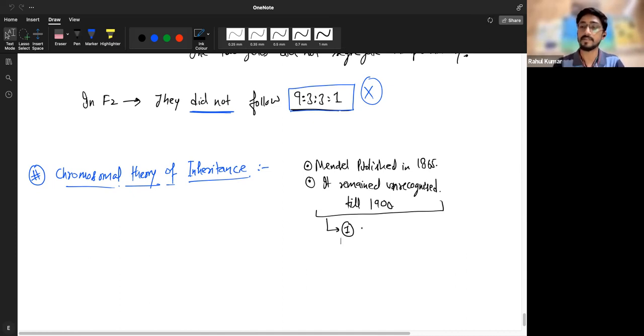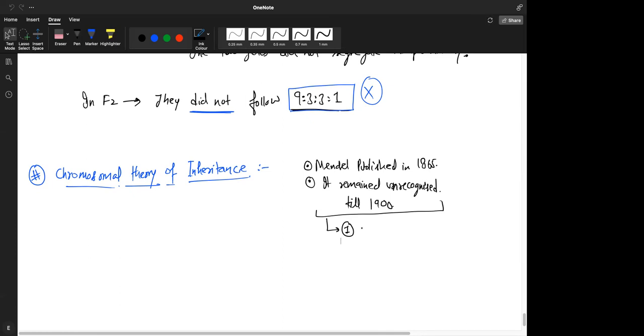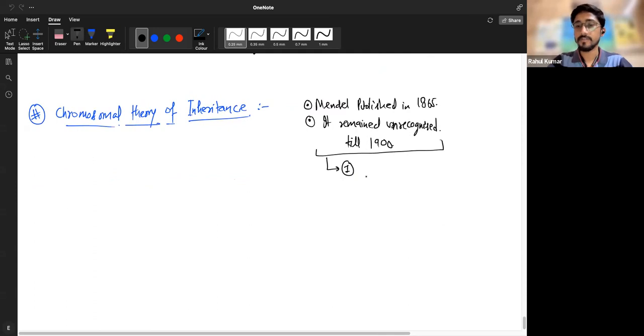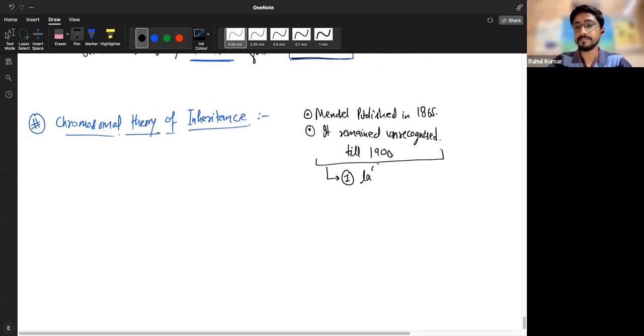Professionally, he was a priest in a church, and he did genetics. Interesting, no? He is a very talented figure. Now, the first thing was lack of communication.